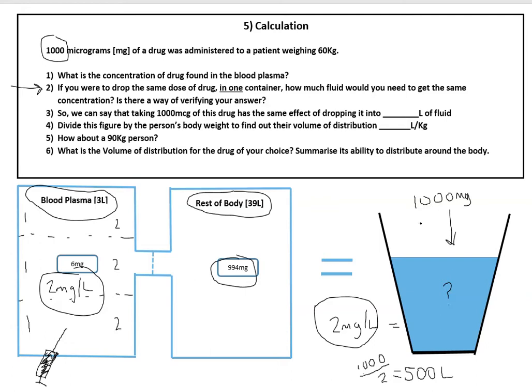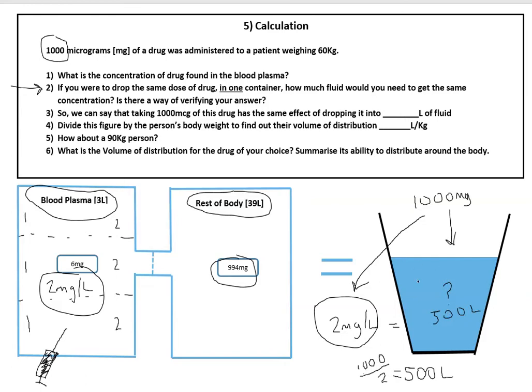So we divided the drug dose by the concentration required. So 500 litres.